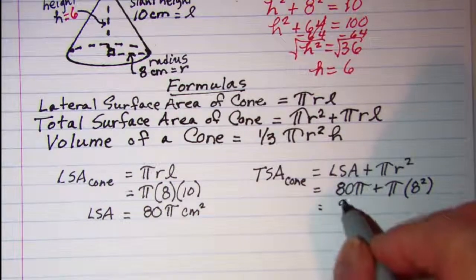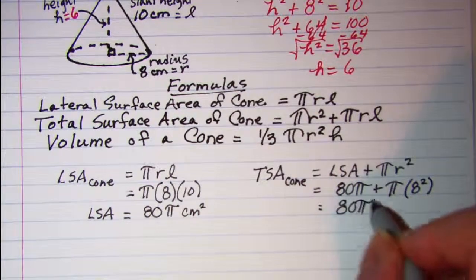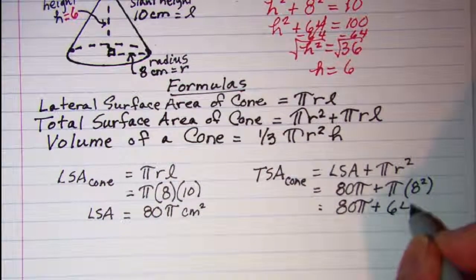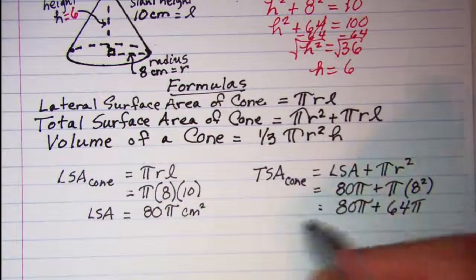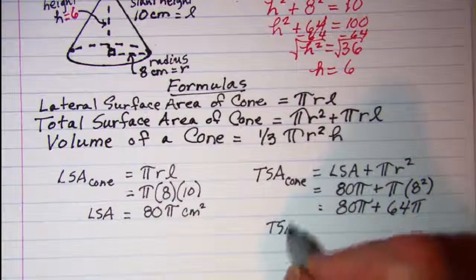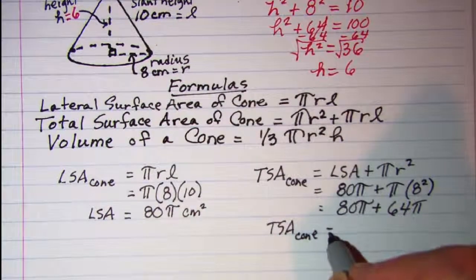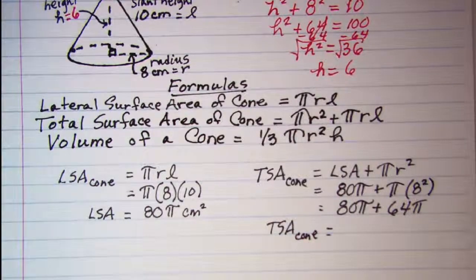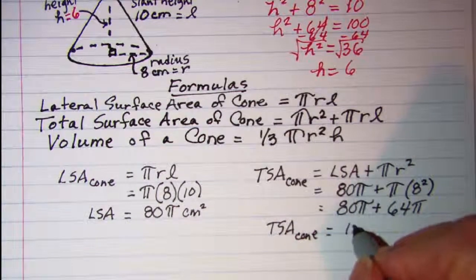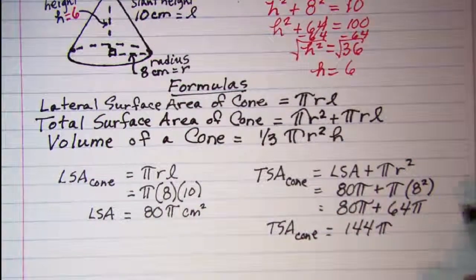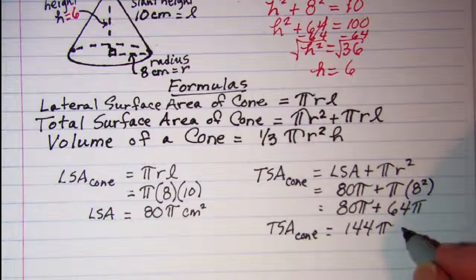So I have 80 pi plus 64 pi, which gives me a total surface area for my cone of 144 pi. And this is still area, so we want centimeters squared.